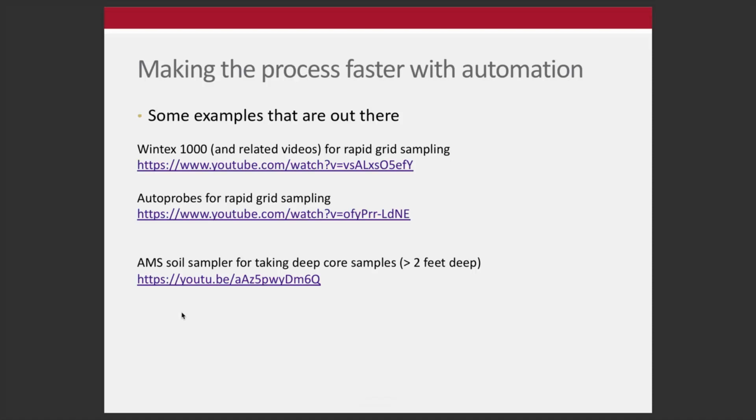There are a lot of things out there. A lot of people have been working on making this process faster. How do we go out and pull soil samples rapidly? There are some YouTube videos you can check out yourself if you're interested. This is the Wintex 1000 machine that we just looked at.